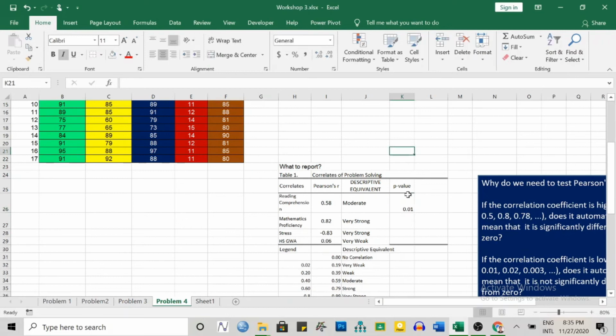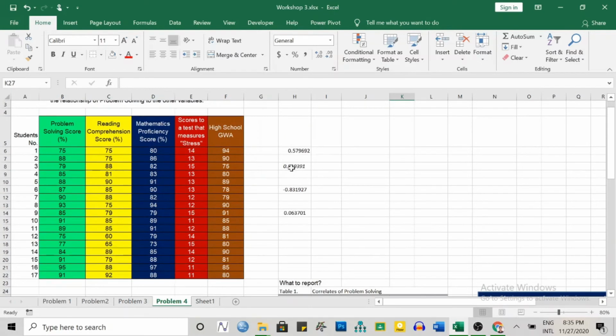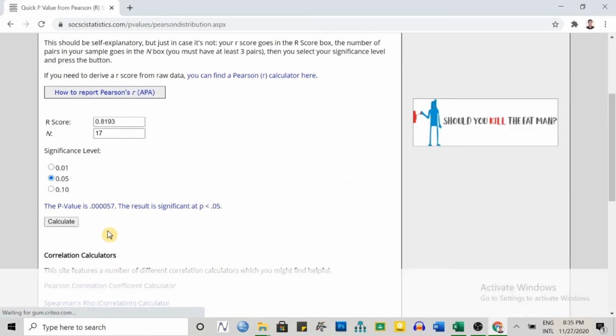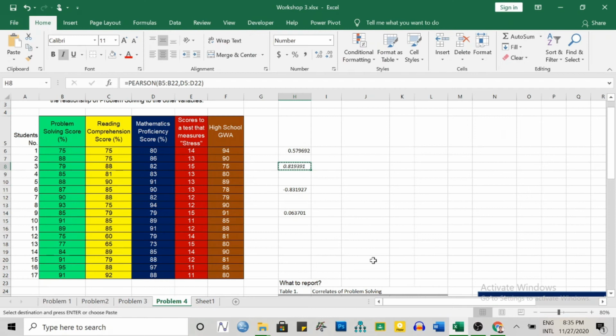Let's do the same for the other correlation coefficient. Let us solve for the p-values. Of course, the sample size will not change, only the correlation coefficient. So this is the second coefficient. Let's copy this one and paste it here. Let's calculate. Our second p-value is 0.0000057, or if we round it up to 2 decimal places, that is just the same as 0.00.